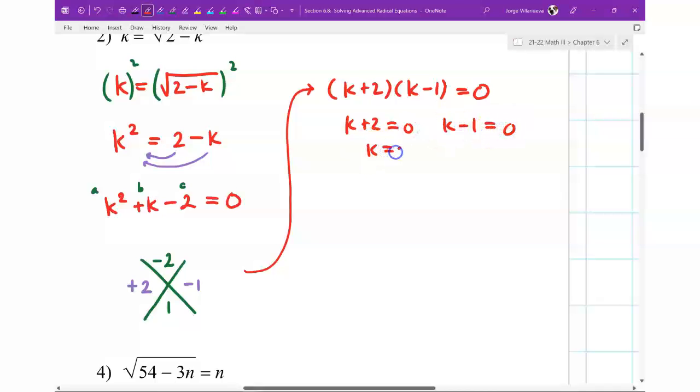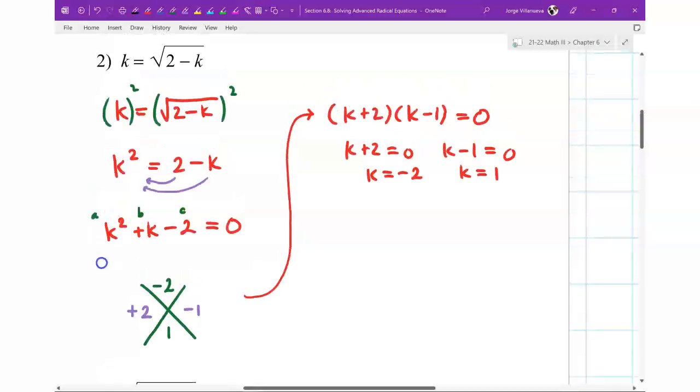So you get k equals negative 2, k equals 1. So we'd be done, right? These are my two answers. But before I can do anything, I've got to plug them into the top equation, the original equation, and see, will it work? So here we go.